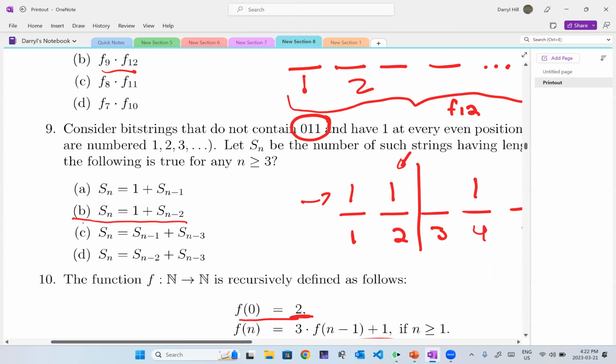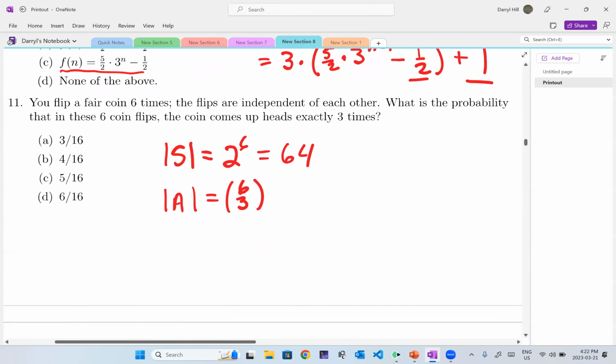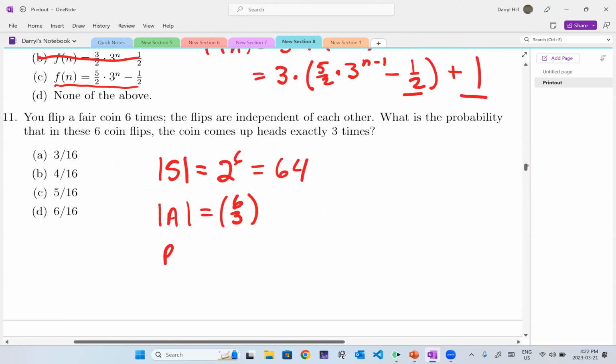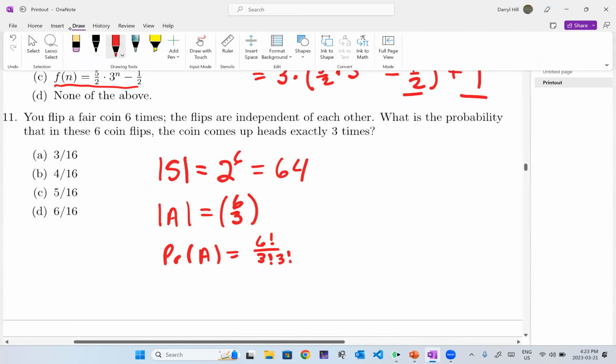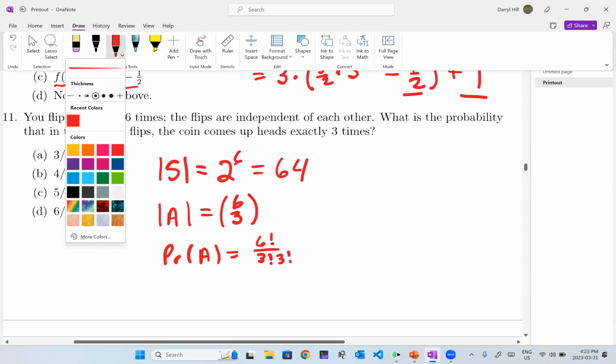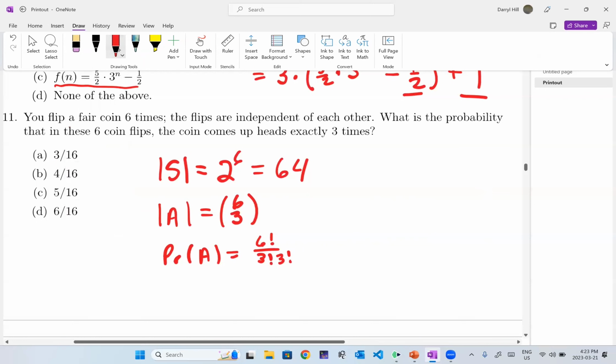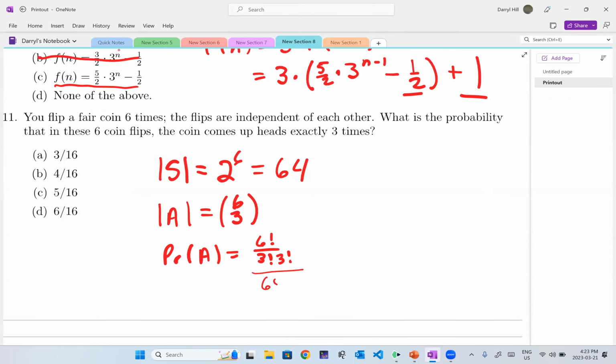We go back, we can substitute that in and try to simplify. So the probability of A equals 6 choose 3, which is 6 factorial over 3 factorial times 3 factorial, all over 64. I can cancel out one of the 3 factorials and I get 4 times 5 times 6 over 3 times 2 times 1, over 64.